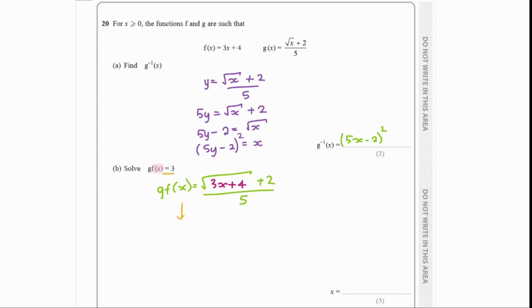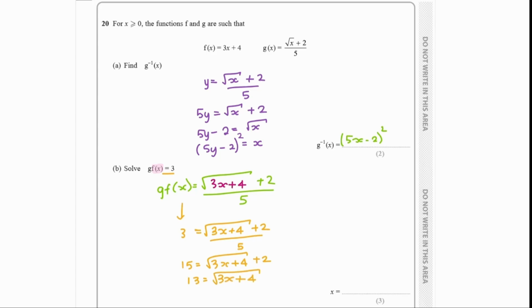So we are going to make this equal to 3. And we're going to write this as 3 is equal to the root of 3x plus 4, plus 2, over 5. If we now multiply both sides by 5, we would get 15 is equal to the root of 3x plus 4, plus 2. If we take away 2 on both sides, we will have 13 is equal to the root of 3x plus 4.